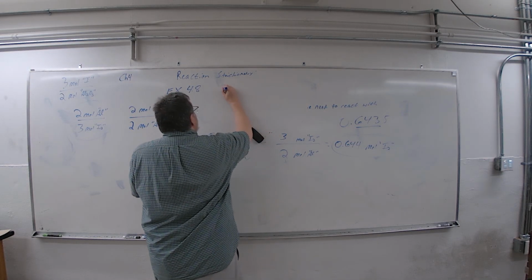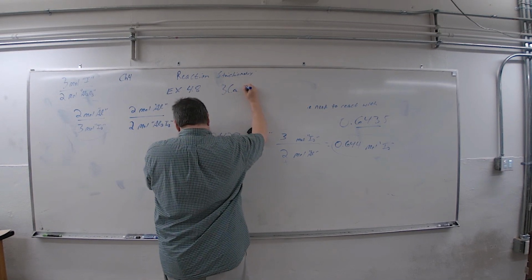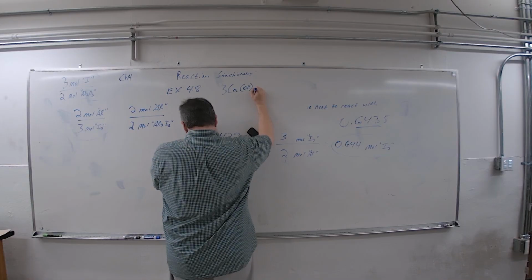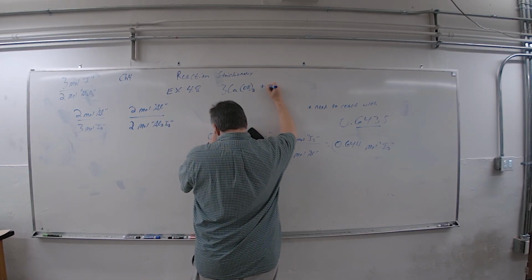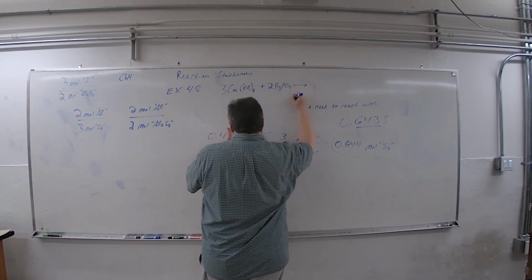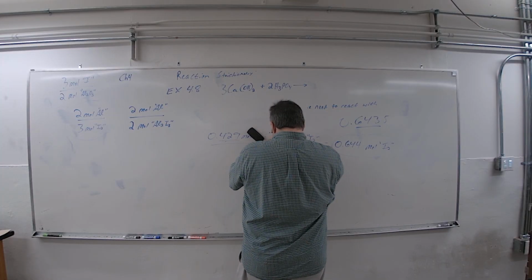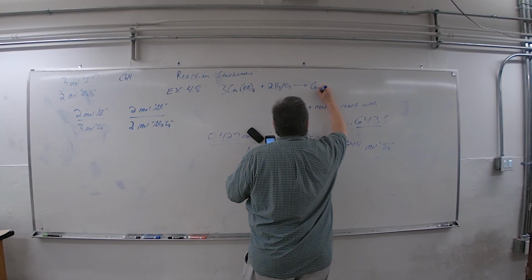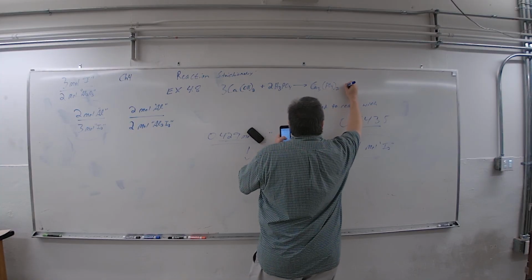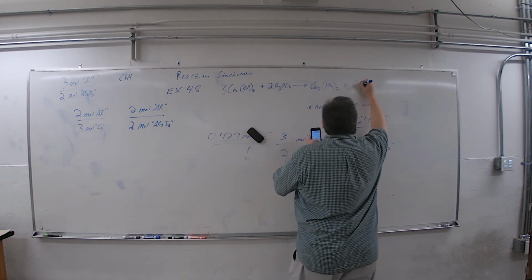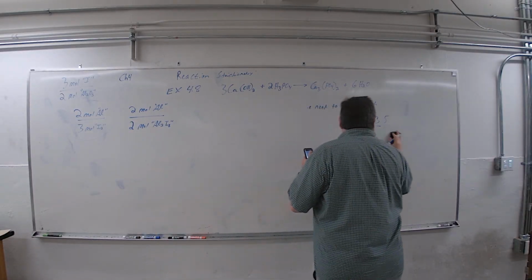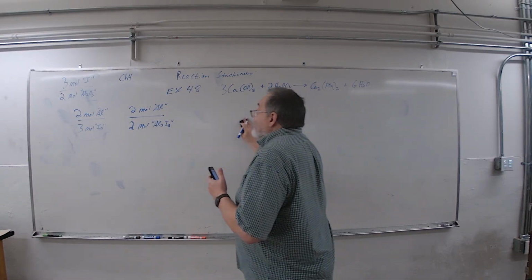The reaction is calcium hydroxide, Ca(OH)2, plus 2 H3PO4. So you're given that, and you're asked to do something with it.